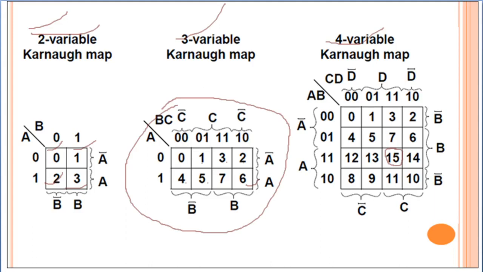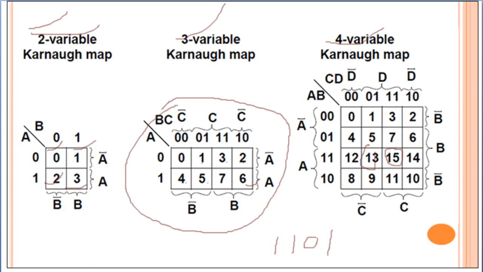As I told you, there should be a single bit difference between the identities of the two adjacent cells. If we take this example, 13 will be equal to 1, 1, 0, 1. This is our 13.